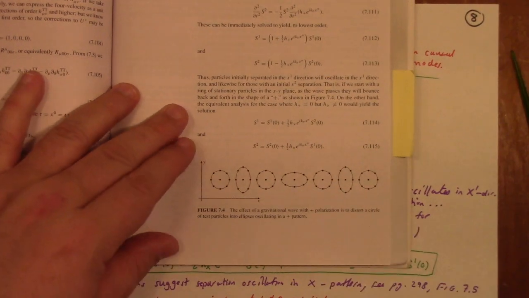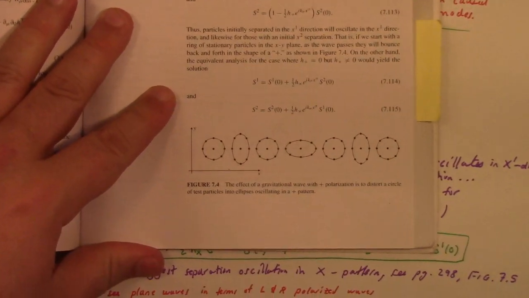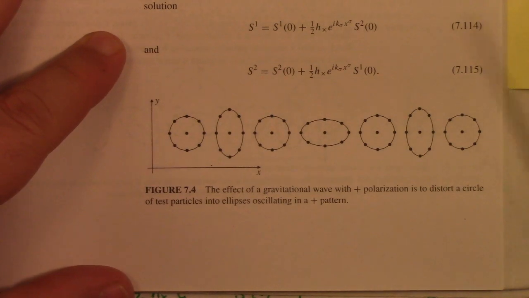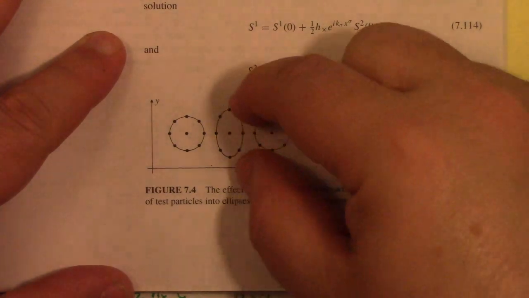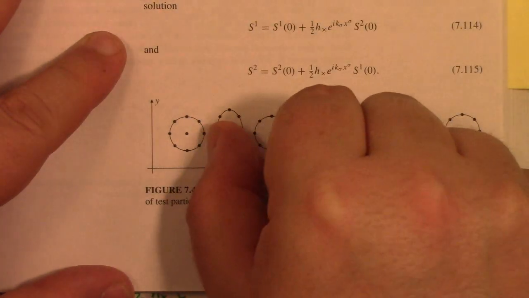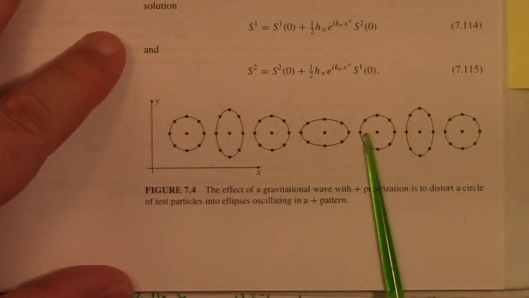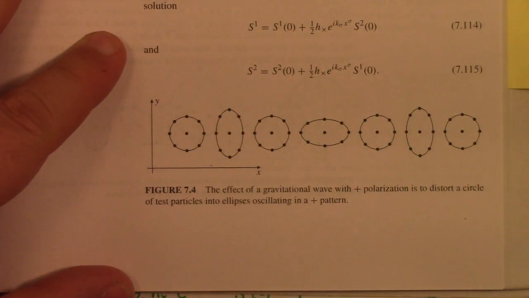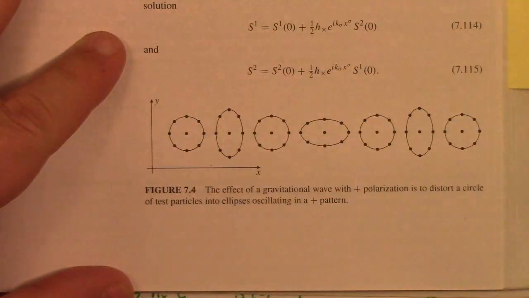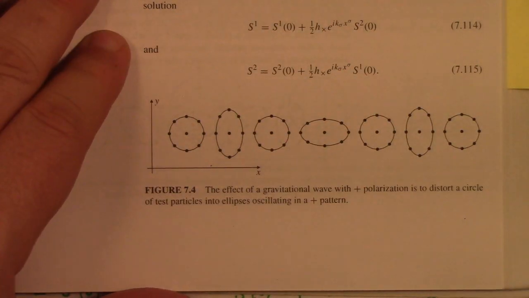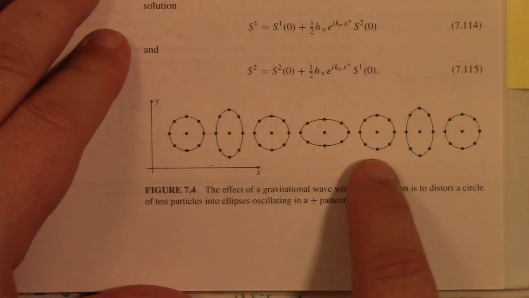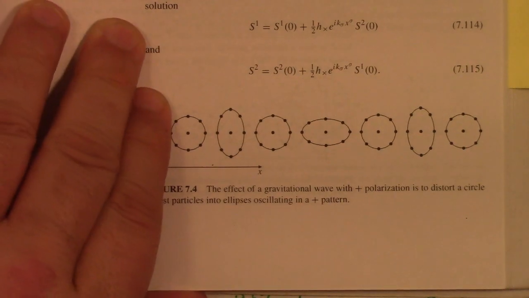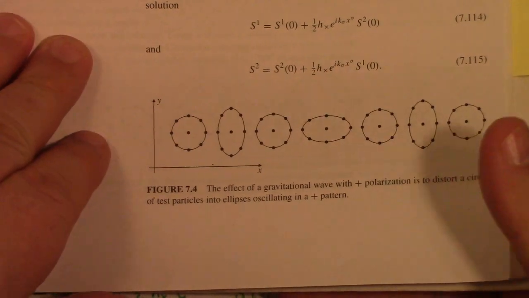So if the cross is 0, which means the plus is not, then if you have this ring of particles and you study its motion, it's going to be stretching out up and down and stretching out side to side, right? So it's this kind of vertical and horizontal squishing. Now, I think he describes that actually the specific motion of the individual particles is in little epicycles or something, but the net motion is in this sort of plussing pattern.